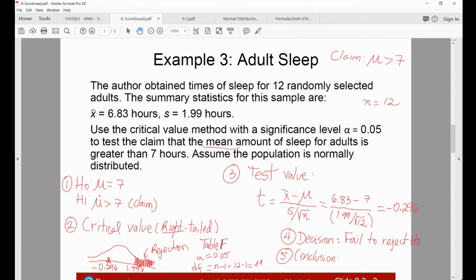So the conclusion is that there is not enough evidence to support the claim. If we cannot reject that the mean is equal to 7, we cannot support that the mean is greater than 7.